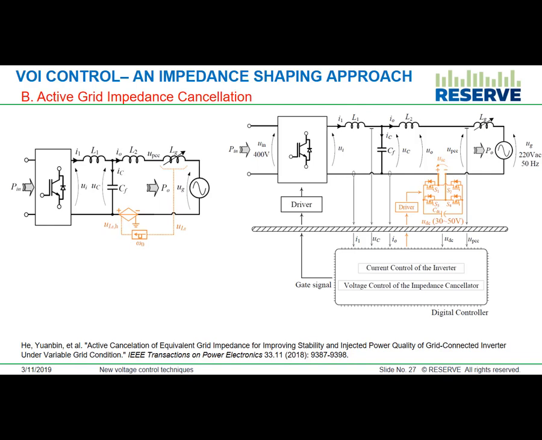These methods can be coined as invasive methods, which means you need additional hardware in order to have this cancellation. But we want to do something in a non-invasive way, where we don't have any additional component, but just use the converter itself and try to tackle the presence of the resonances coming from the grid impedance.